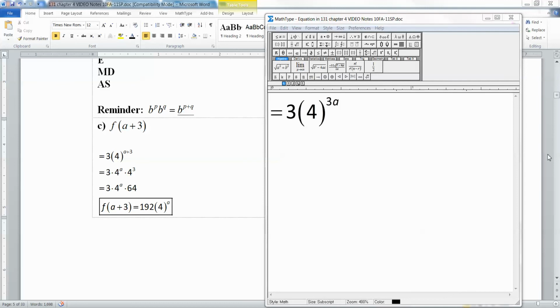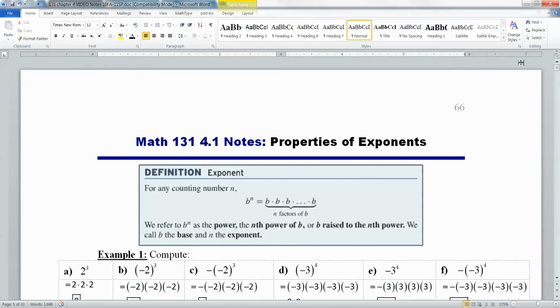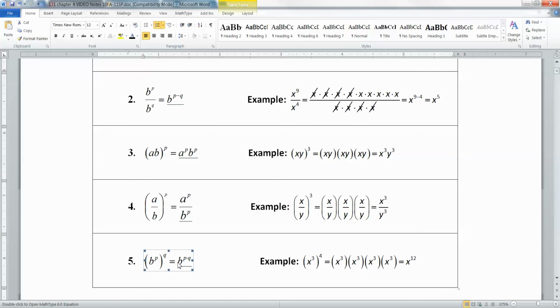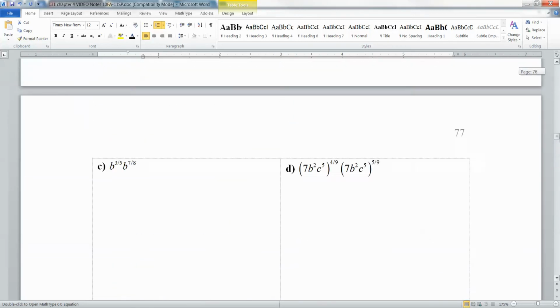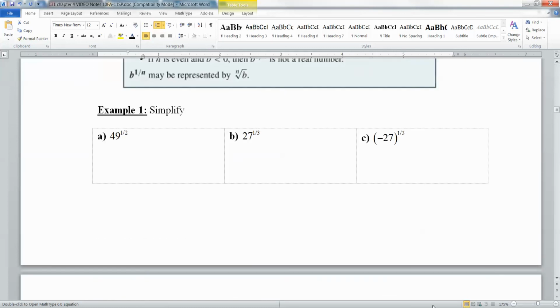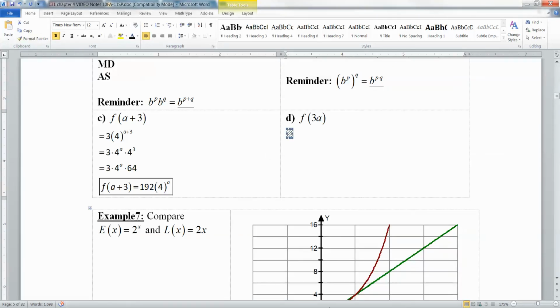Now I've got timesing. So let me go back to the front page, and it was right here. Look at number 5. You got timesing on that one. So you're going to go backwards on that particular thing. If I could find the page. There we go. I pasted it back in.